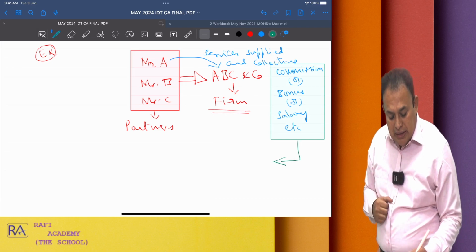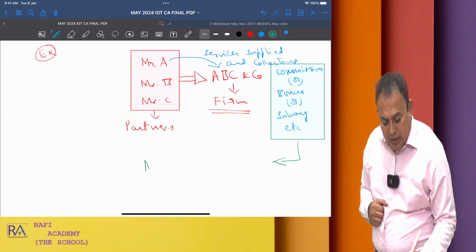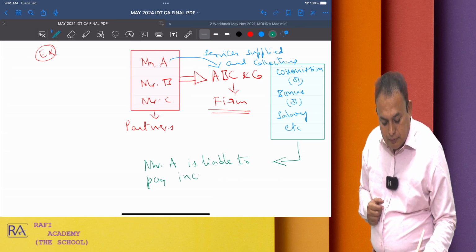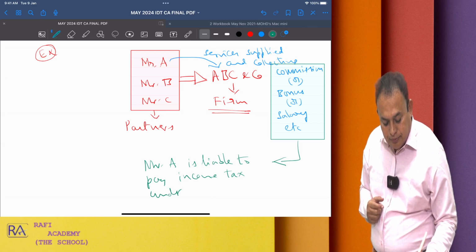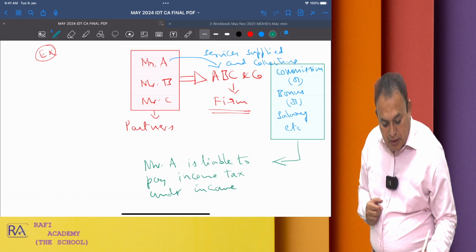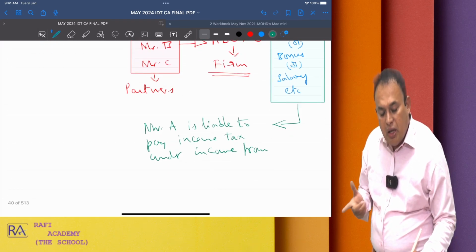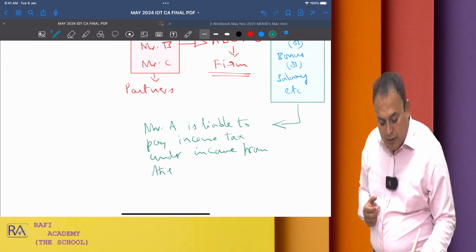No, it is for Mr. A. Mr. A is liable to pay income tax under income from, I can say, other sources.